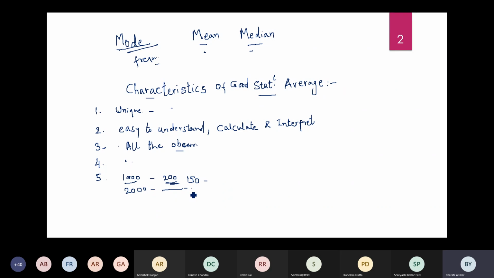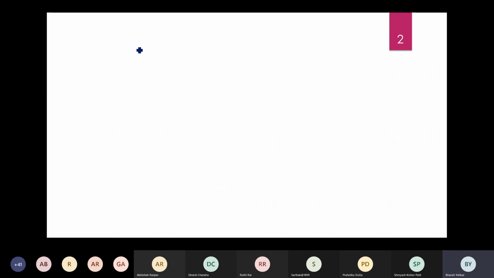I will show you one example for mean, and one more thing I would like to tell you about this. Now when we say arithmetic mean, that is, add the values of all terms and then divide the sum by the number of terms. This first one is the mean, arithmetic mean we are saying.